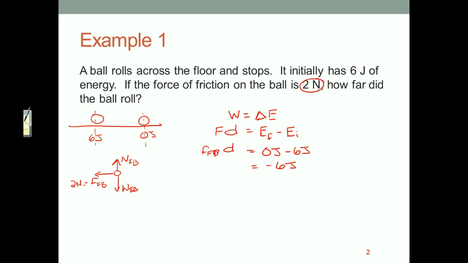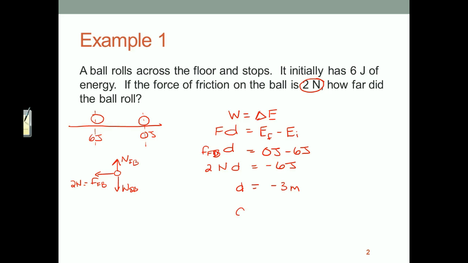So negative 2 newtons times the distance equals negative 6 joules, or the distance is 6 joules divided by 2, or 3 meters. And remember what the minus sign tells me. It's just telling me that my distance traveled is going to be opposite direction of the force of friction.